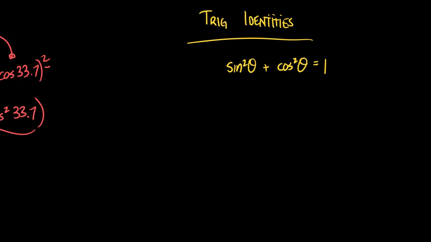There's lots of them out there. Apparently, mathematicians have way too much time on their hands, so they've come up with all sorts of these. I want to show you one more, and then we're going to go back to regular content, okay? Your trig identities, I want you to know that one too. All right?